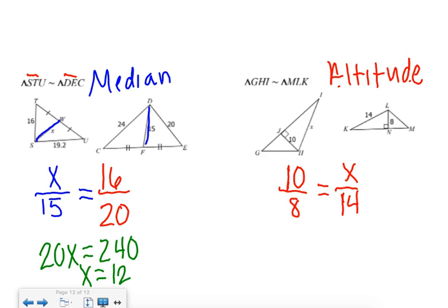Now we can cross multiply. Anyone want to share? x equals 17.5. Good answer. This is easy, but I'm just waiting for it to get hard. Don't say that. It's not going to get hard.